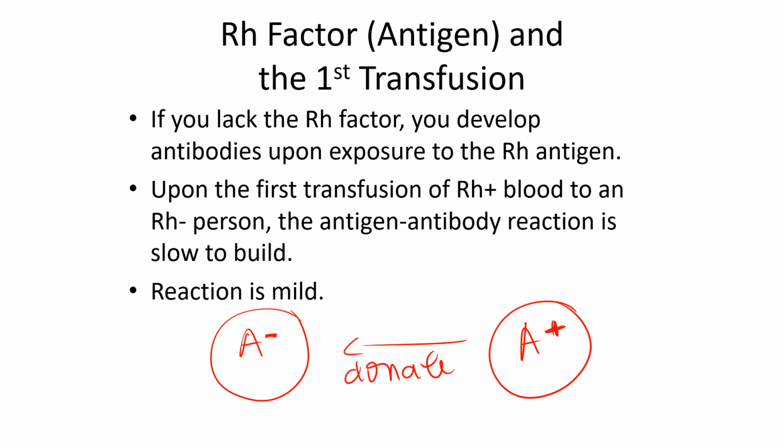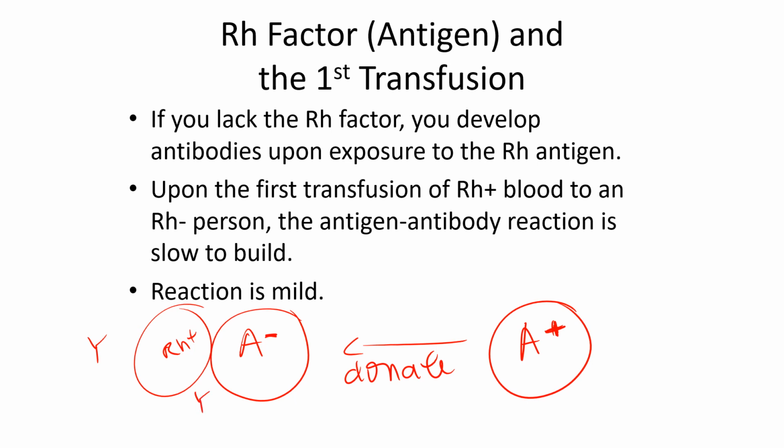So upon the first transfusion of Rh positive blood to an Rh negative person, there is a slowly building antibody reaction. So we're going to give this person some Rh antigens on their blood cells over here. This person will start building these Y-shaped antibodies in response to this foreign invader.